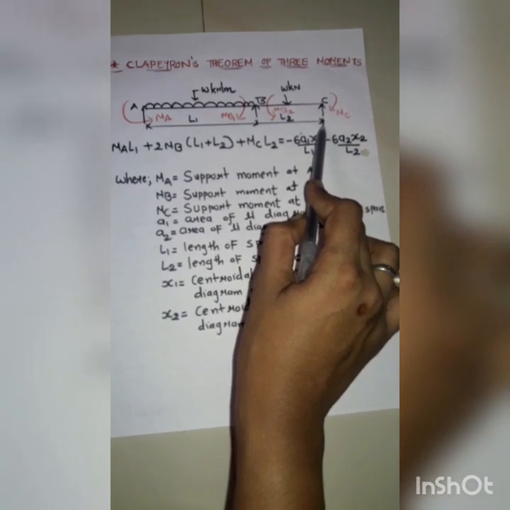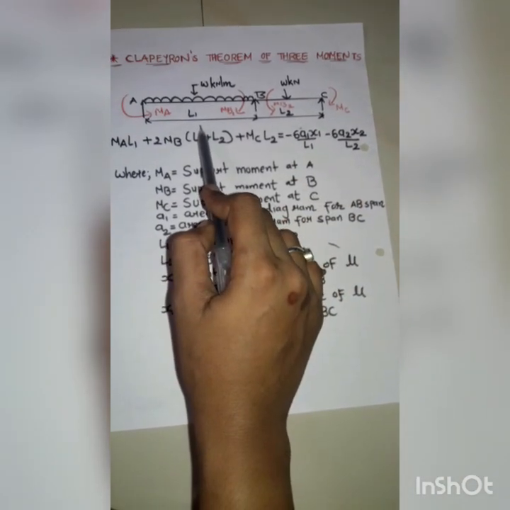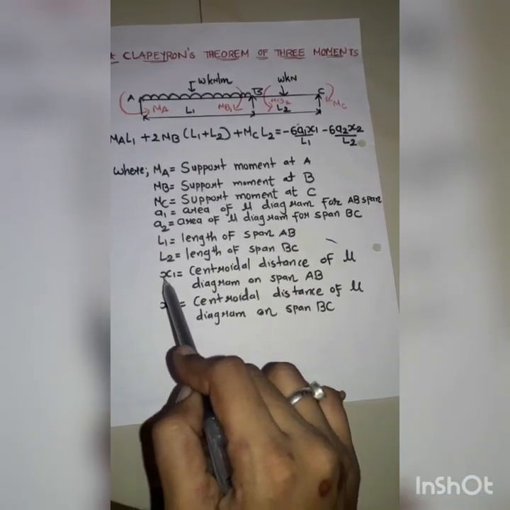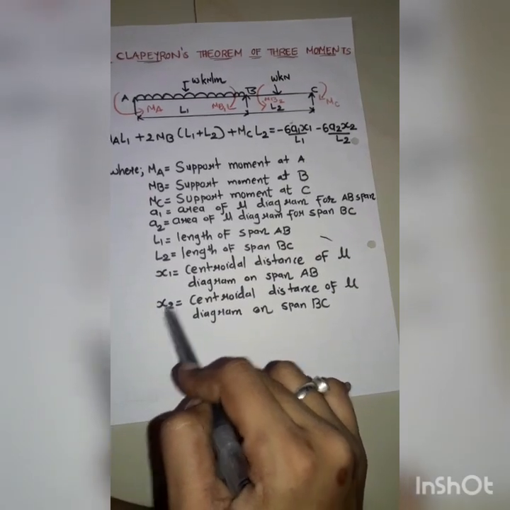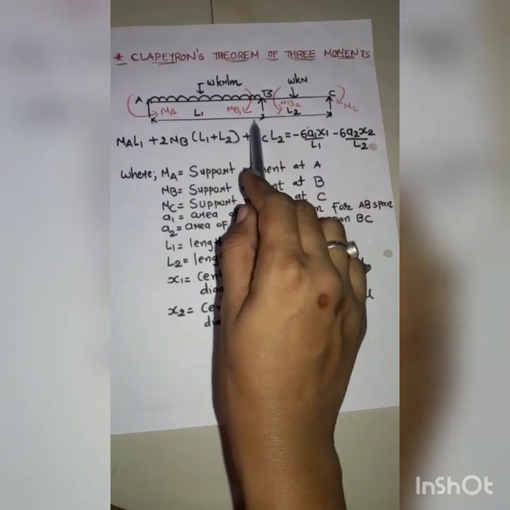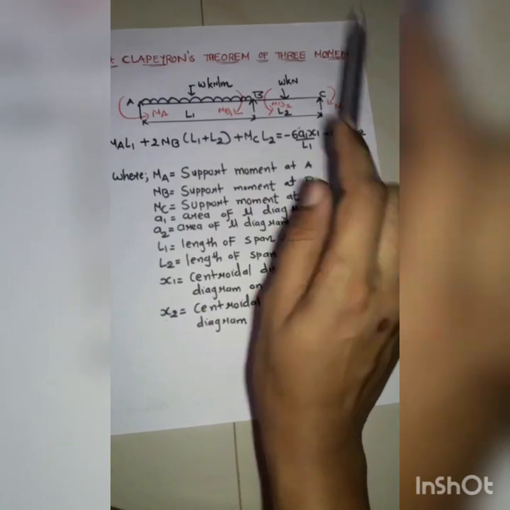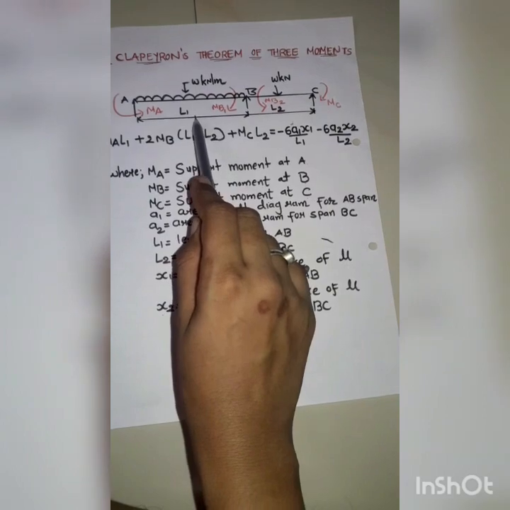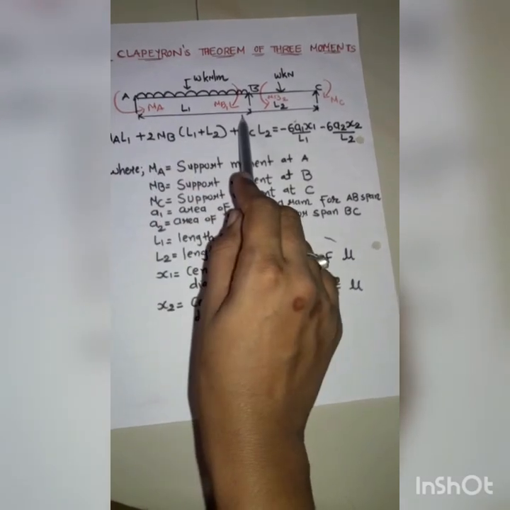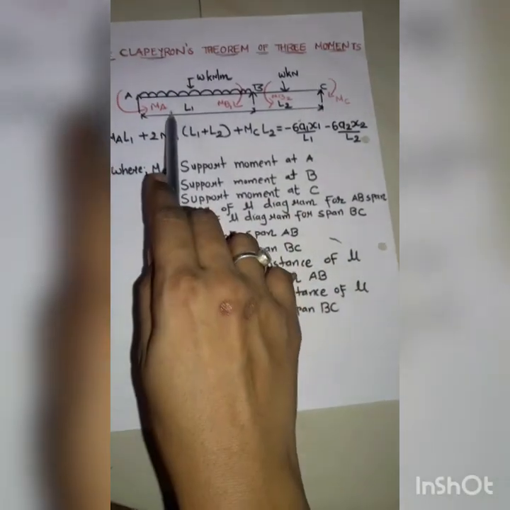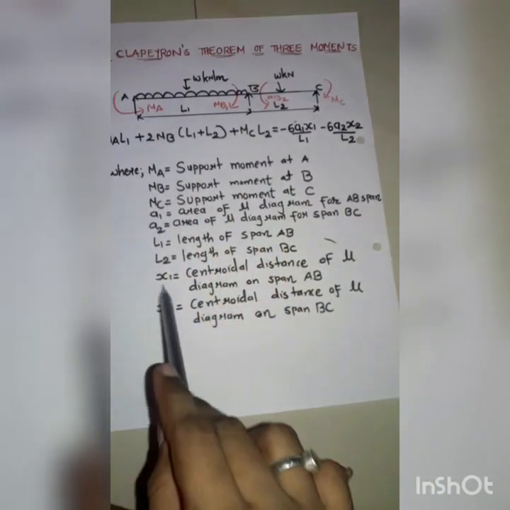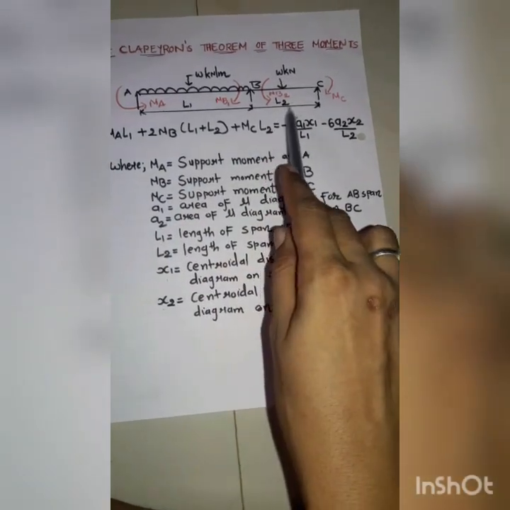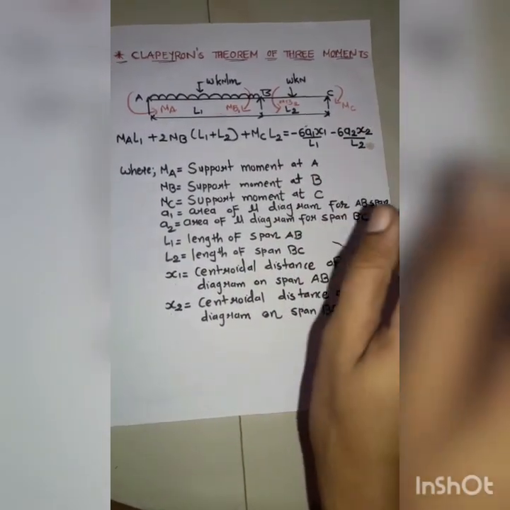And what are x1 and x2? x1 and x2 are the centroidal distances of span AB and span BC. For the UDL and for the point load, the centroidal distance is length divided by 2. It means here x1 is equal to L1 divided by 2 and x2 is equal to L2 divided by 2. Thank you.